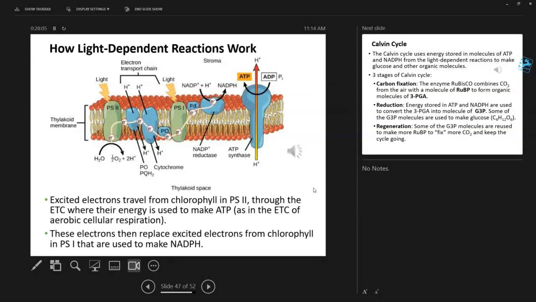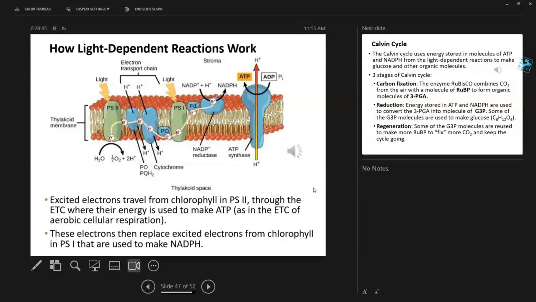That's the electron that is used to replace the electrons that are always jumping off the chlorophyll. So this is where the water is used in photosynthesis. If there's no water, you can't do this. These chlorophylls would run out of electrons. And this is where the oxygen comes from that a plant releases as a byproduct of photosynthesis, right here at the beginning of photosystem 2 in the light reactions.